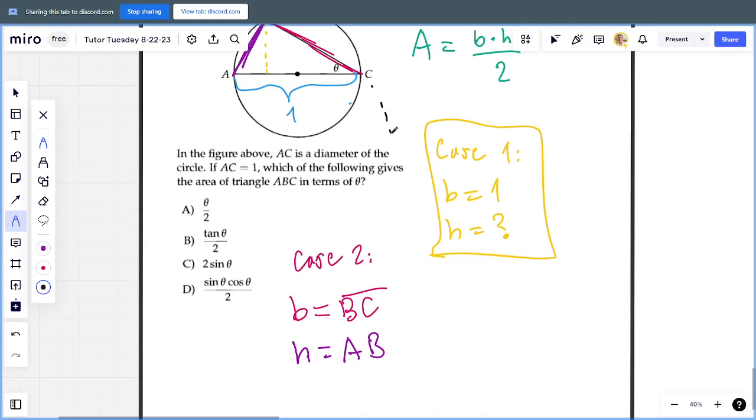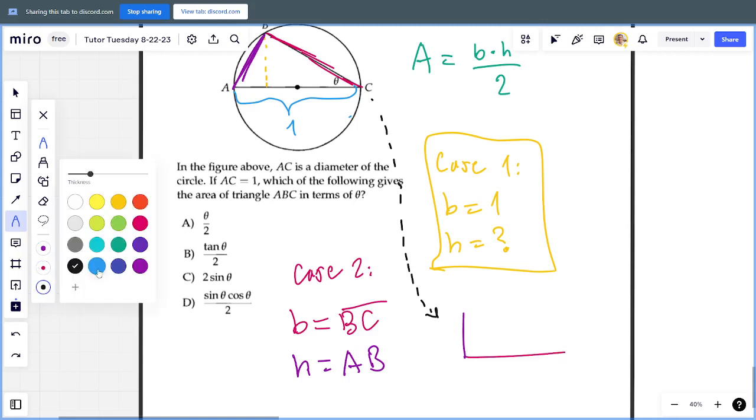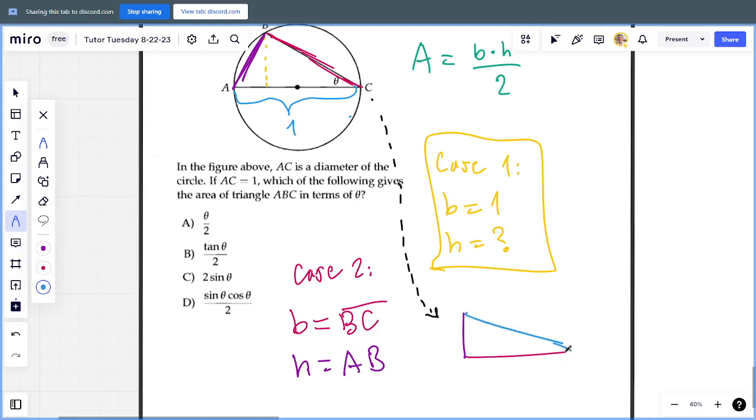Let me take this triangle and redraw it so that it's flipped in a more natural way. It would look something like this. Let me draw that in blue. Where your theta is actually right here. All I did was basically flip this upside down.